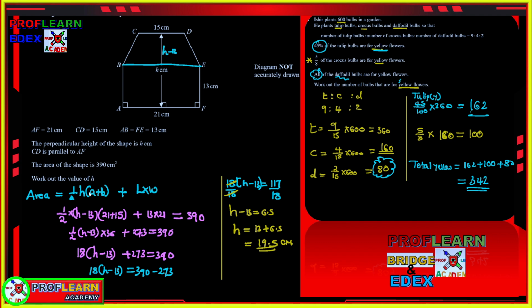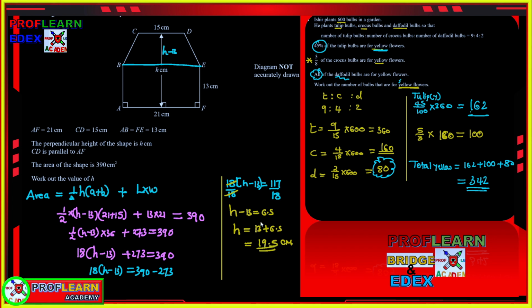Then I'll apply the formula for area of a trapezium: half h, a plus b, where a and b are the two parallel sides. Because this is 21 and this is 15, I can apply that and add the area of this rectangle that I'm having here, and that gives me the area of the shape, which was 390. So if I work out and rearrange everything that I have, I'm going to get my value of h as 19.5 centimeters.